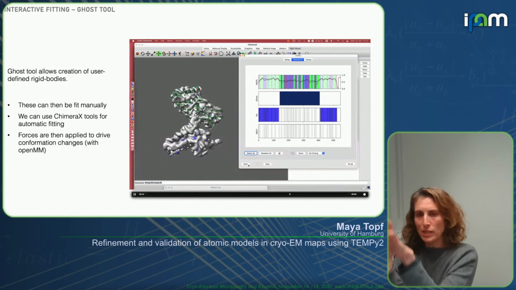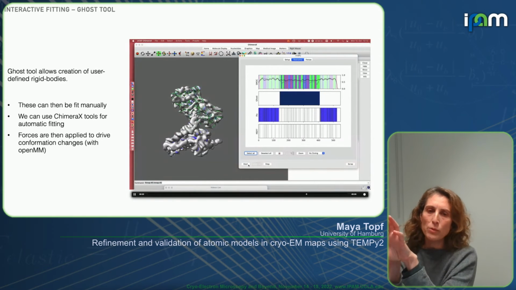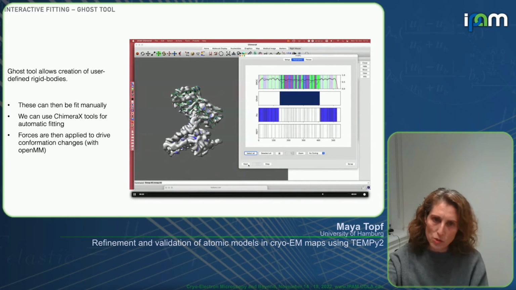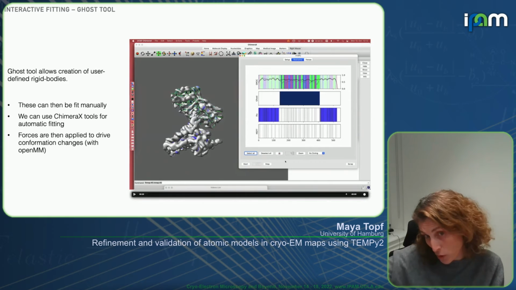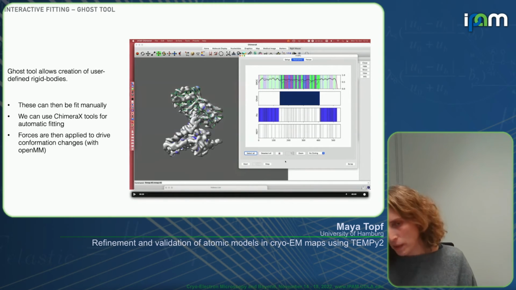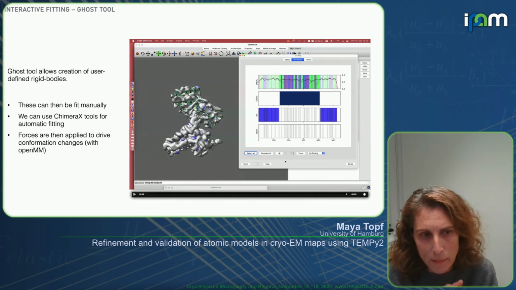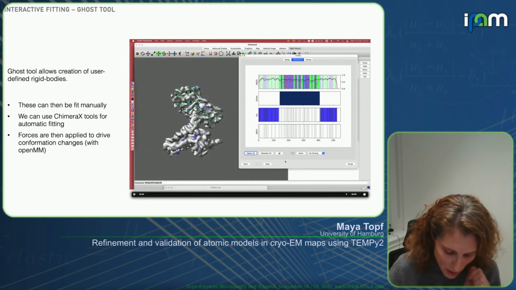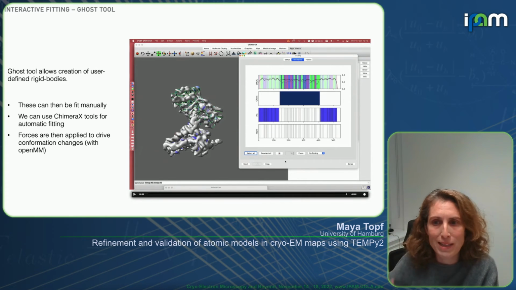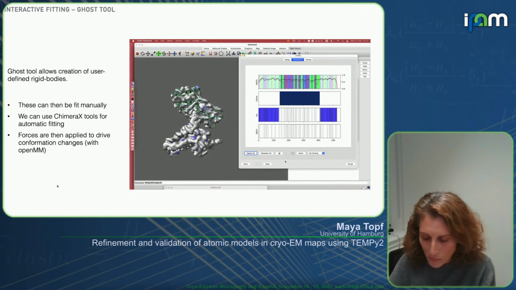We basically fit it rigidly in a position in the density, and then we're using harmonic restraints to pull the structure from its original position into the new position. So we're using OpenMM, a force field, to make sure that we are keeping everything at least in correct geometry.